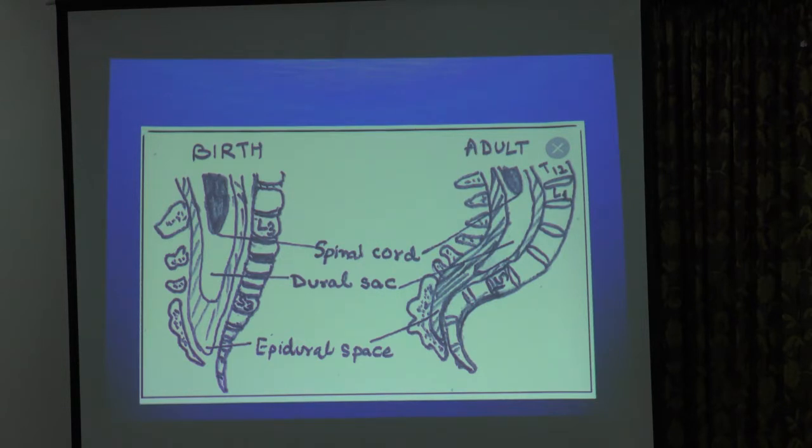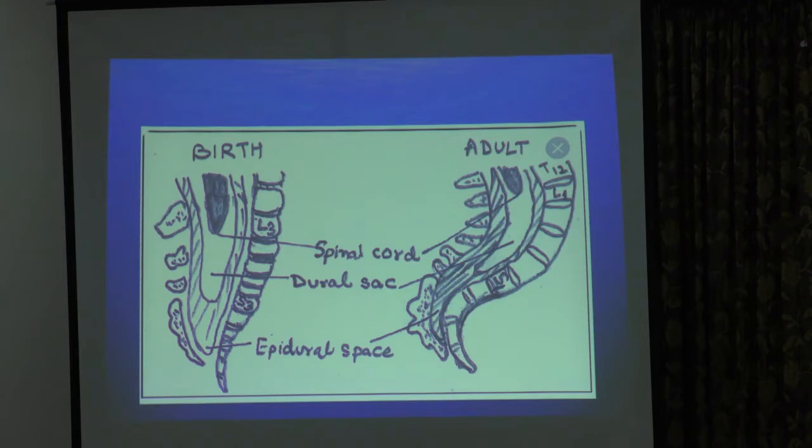So the chances that you get a very high block are less. With plain bupivacaine, you put it in there and it rises all the way up, and at times you can get blocks up to the neck. What will you do? The patient will not be breathing. You see, at times, even when we give spinal, the patient starts struggling and cannot breathe. So if you do spinals yourself, which I know some of you may do, use heavy bupivacaine, not plain bupivacaine.